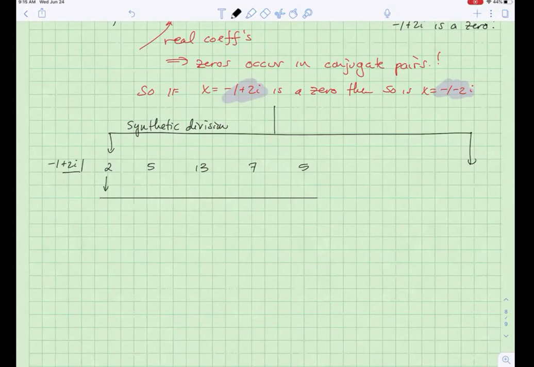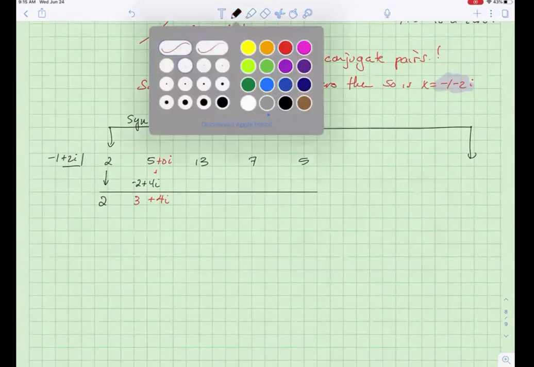and then we'll multiply by 2, and this will be negative 2 plus 4i. Now, don't forget that this is actually 5 plus 0i. And when we add these together, we add the real parts, and we add the imaginary parts. So that is 3 plus 4i. And then we multiply, and this is going to be a little bit more work, right?